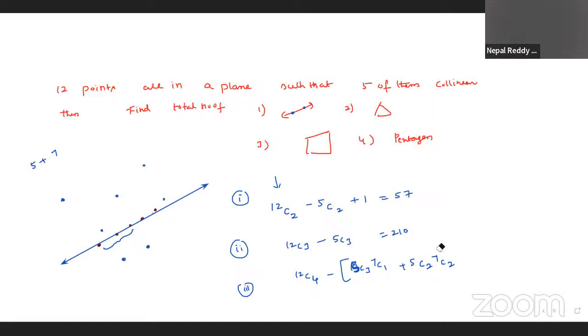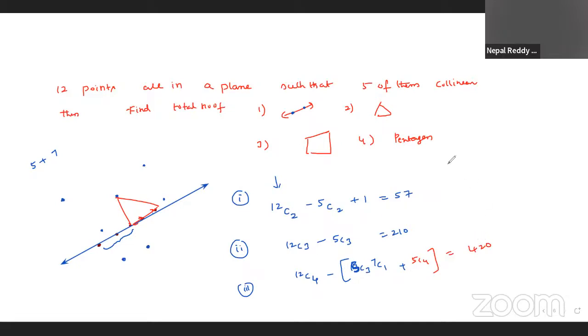No, 3 points on the straight line and 1 point on the other non-collinear points gives a triangle, right? 3 points here, but if you choose the 4th point somewhere, it is not a quadrilateral. And if you choose all 4 points on the straight line, that also is not a quadrilateral, so we have to remove it. So 12C4 minus 5C4, 5C3, 7C1, that gives the result 420.